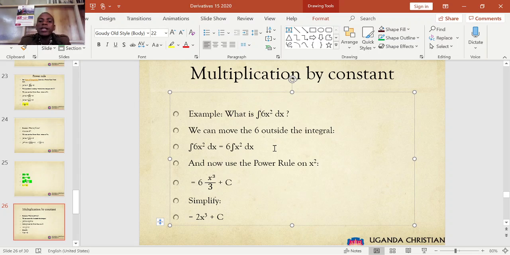We pull out the 6 and put it at the front. Then we apply our earlier rule. Now we can use the power rule on x to the power 2. So we have 6 times the integral of x squared.